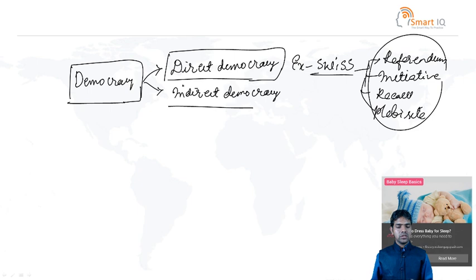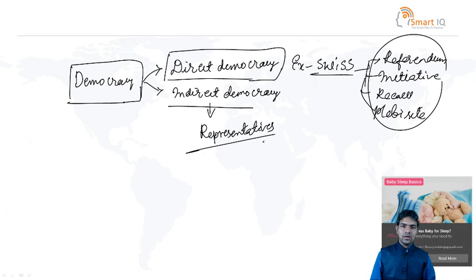In indirect democracy, most of the rules and regulations are made by representatives. The people elect the representatives, and the representatives make the laws and rules of the country. That is called indirect democracy.